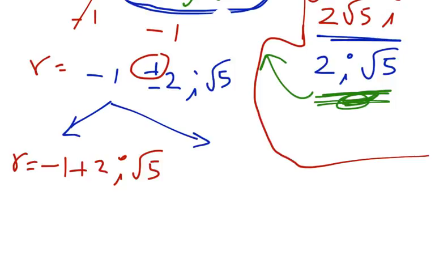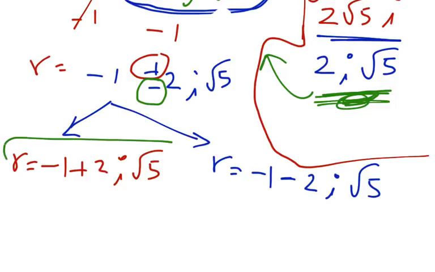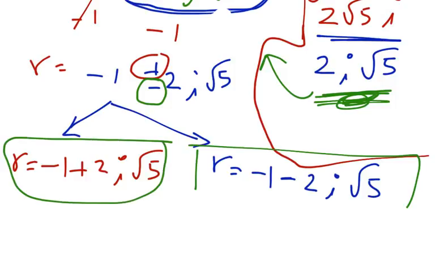The second answer, r equals, the negative 1 stays the same. Now I'm going to use the negative. So it's going to be negative 1 minus 2i square root of 5. And those two are my two answers for these quadratic equations.